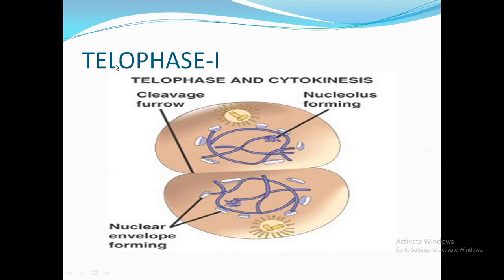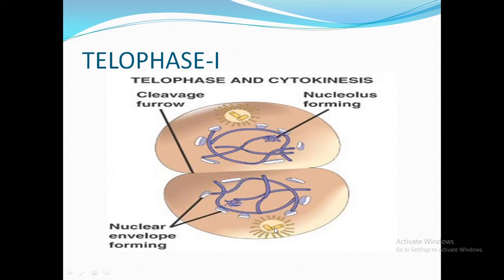The next phase is telophase 1. In telophase 1, the chromosomes which have moved to opposite poles decondense to form a nucleus. Here you can see the nuclear membrane is reappearing, and the chromosomes are converted into chromatin.